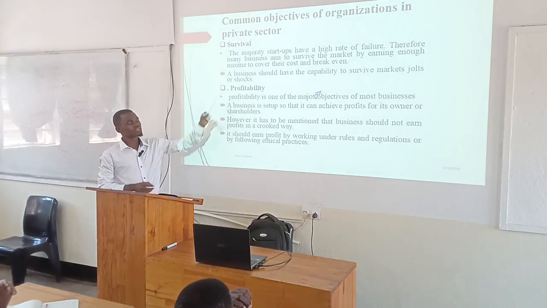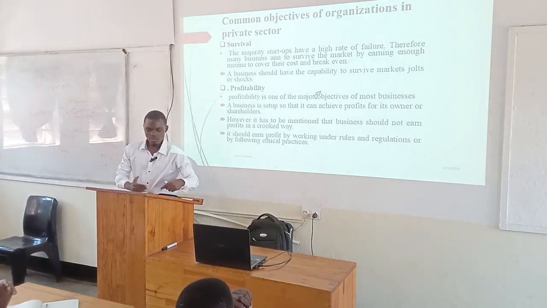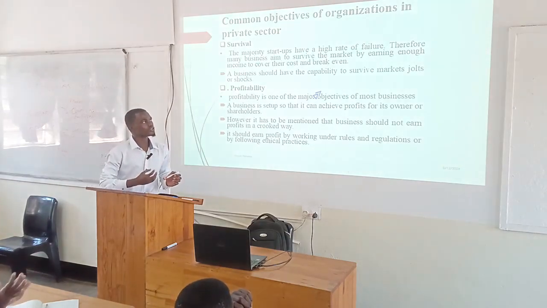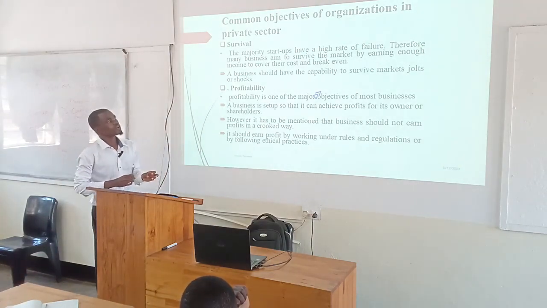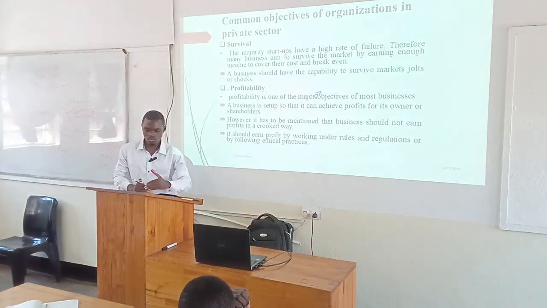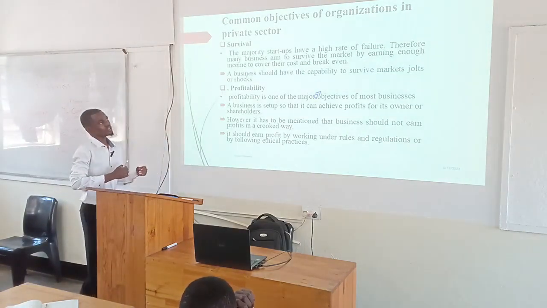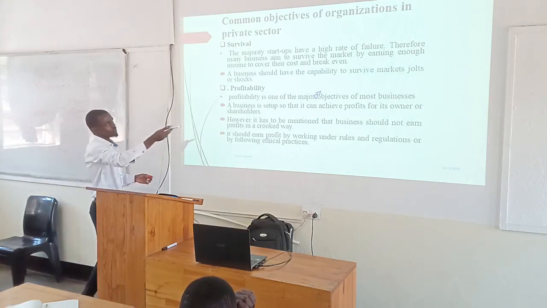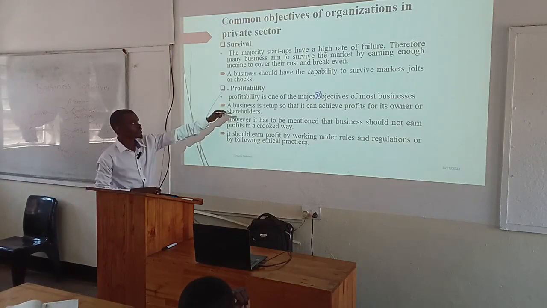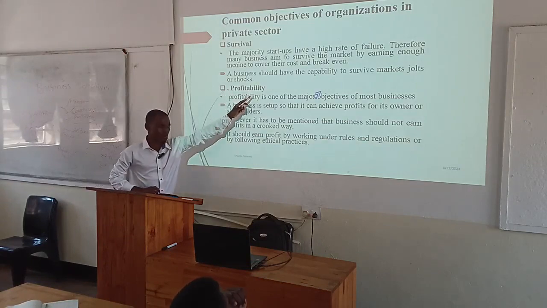Because now we have achieved that level whereby what the organization has to spend to produce products is equal to what the organization is earning. That is called break even. Everything that comes after break even becomes a profit.